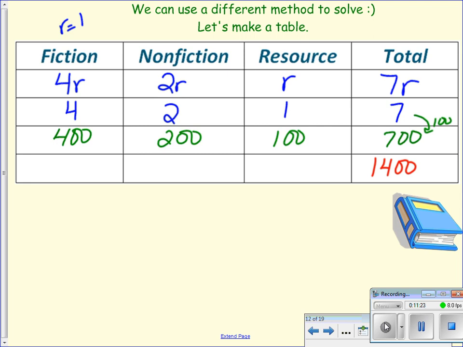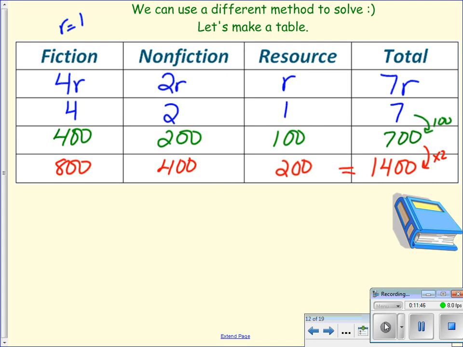But now I'm still not where I need to be. How am I going to scale up from 700 to 1,400? Yeah, so I have to do everything else times 2. Does 800 plus 400 plus 200 equal 1,400?